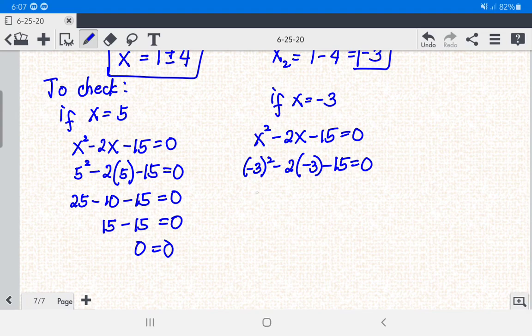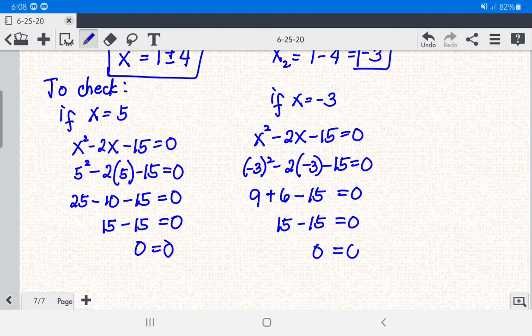Negative 3 squared is 9. Negative 2 times negative 3 is positive 6. Then minus 15 equals 0. 9 plus 6 is 15. Then minus 15 equals 0. So 15 minus 15 is 0, and 0 equals 0.